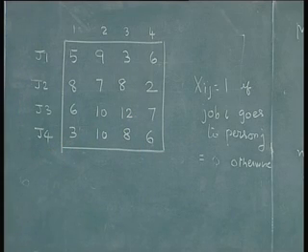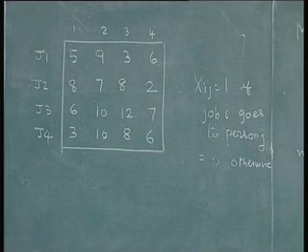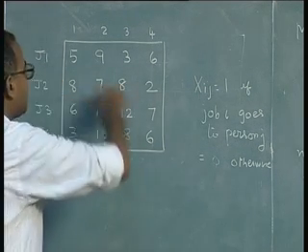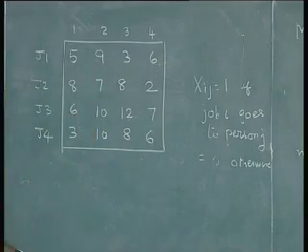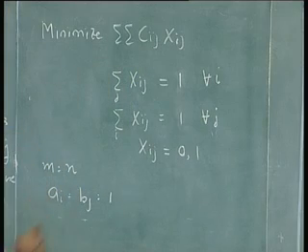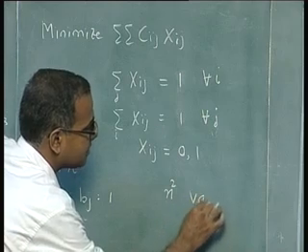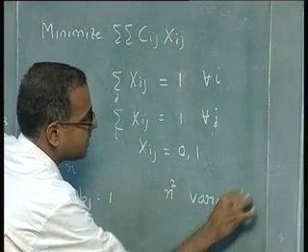The point I am trying to convey is, every feasible solution has exactly 4 allocations, 1 per row and 1 per column. So the assignment problem, if we are looking at n jobs and n people, has n square variables, or n square decision variables.